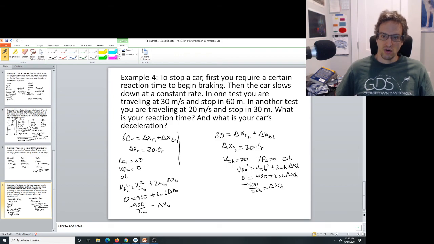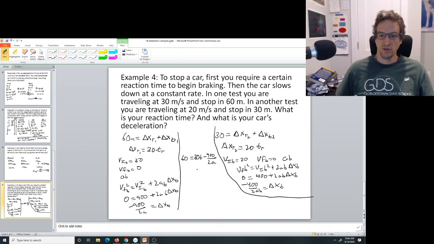All right, with all of that set up, and again this is just plugging in things that we know, we go back to the first two equations. We now have 60 equals 30t minus 900 over 2a, and we have 30 equals 20t minus 400 over 2a.